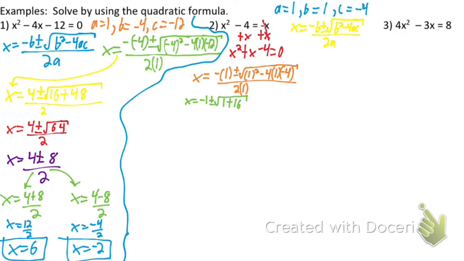All over 2, because 2 times 1 is 2. Questions on how we got here? Alrighty. So we need to leave everything alone except for what's underneath the radical. What's 1 plus 16? 17.